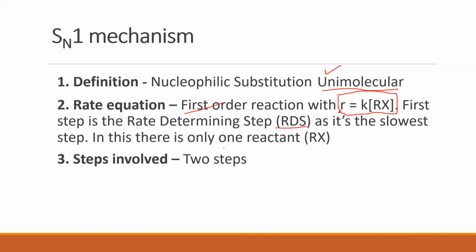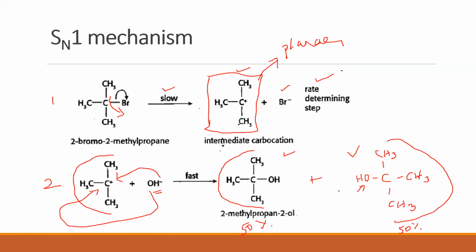In the first step, there is only one reactant, which is RX. In the rate determining step, how many reactants are there? Only one, RX. Hence, the rate is not going to be dependent on the nucleophile. It is only dependent on the alkyl halide because in the rate determining step there is only one starting compound.